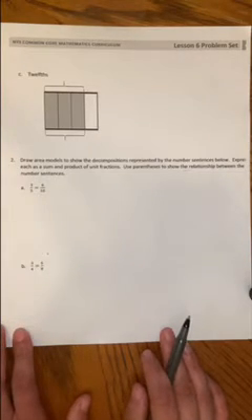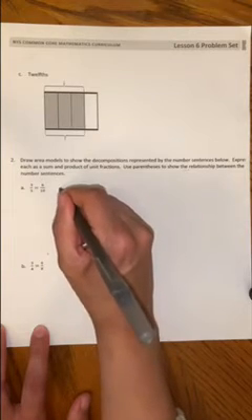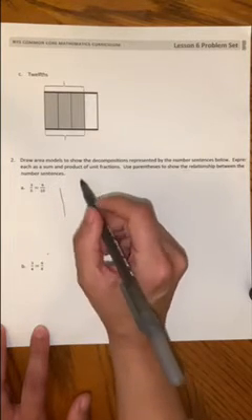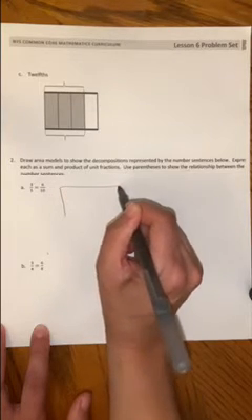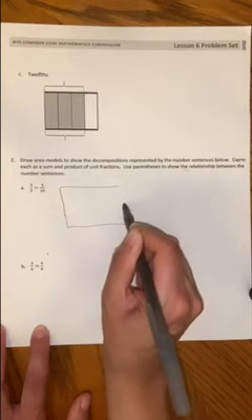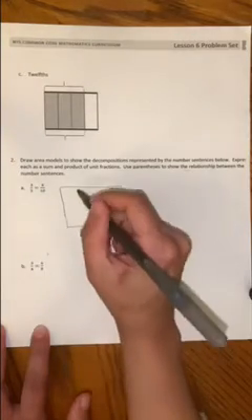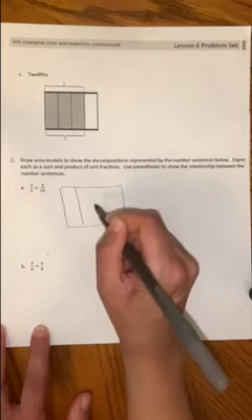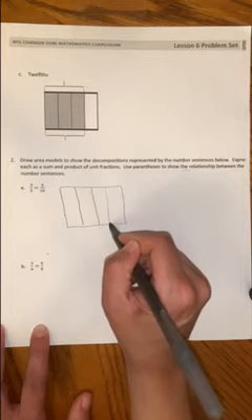So I'm going to do my area model, and I'm going to do how many? 5, right? 1, 2, 3.